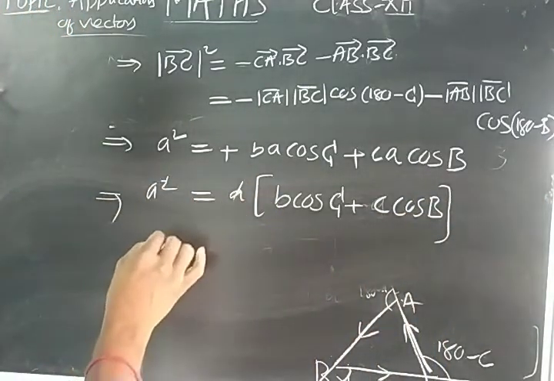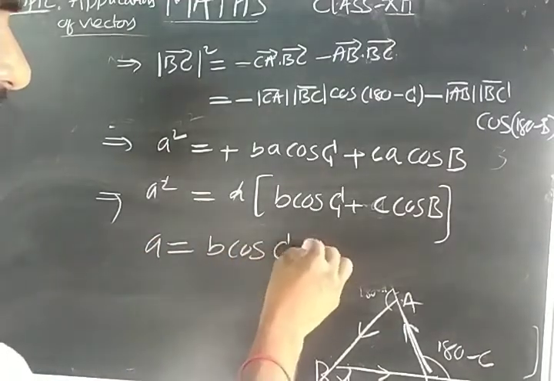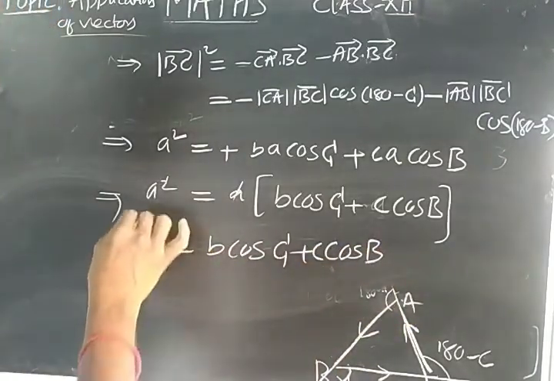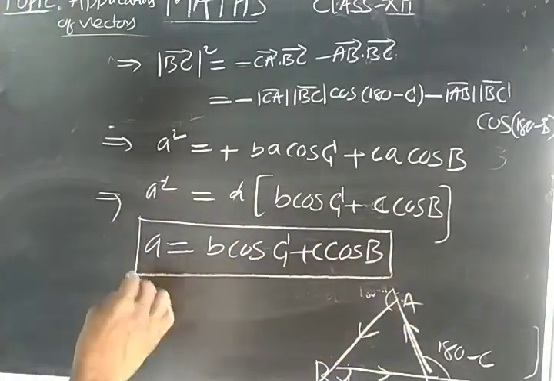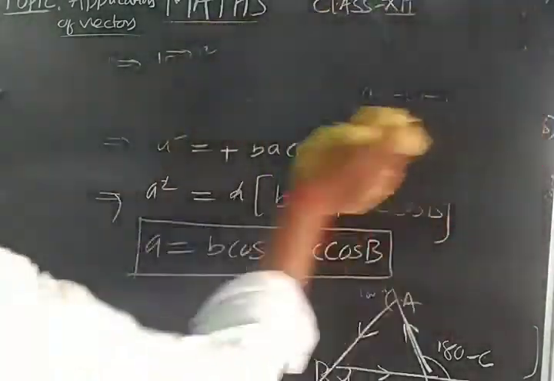One a cancels, so you will get a equals b cos C plus c cos B. So this is the first formula proved. In a similar manner, you can prove the remaining two formulas. Okay, right.